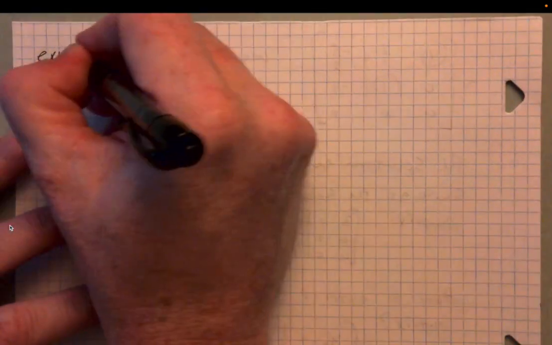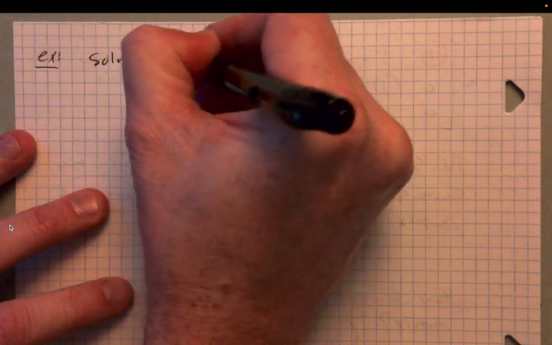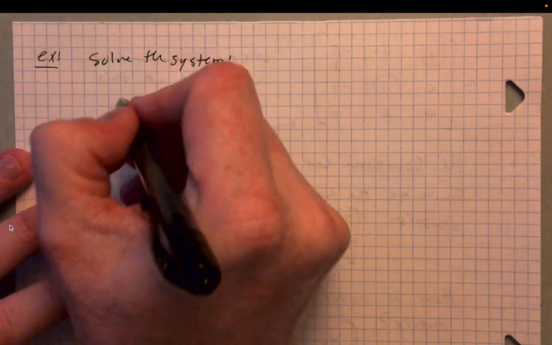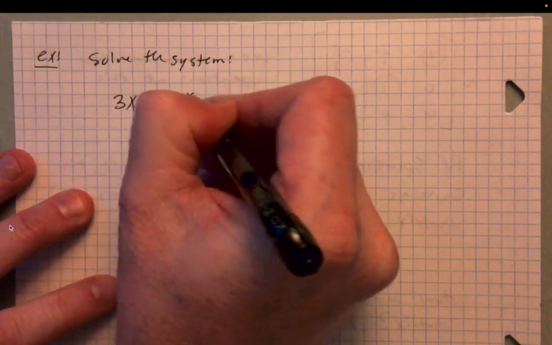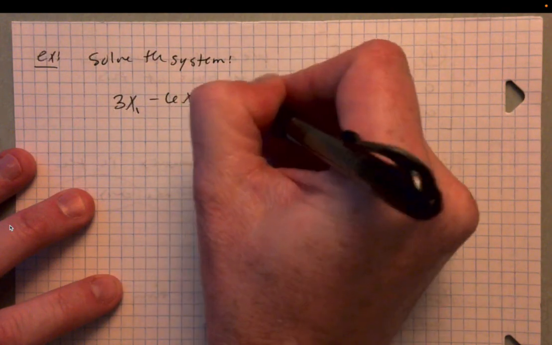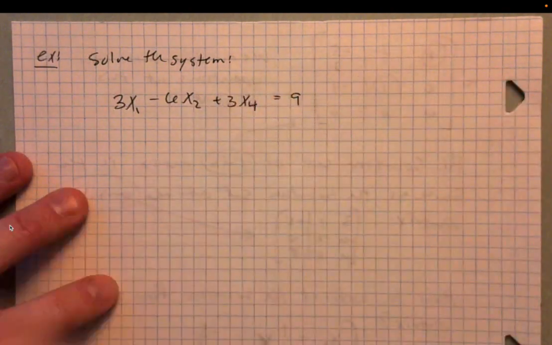Excellent. All right, let's do another example here of solving a system. Okay, and so that previous system had a unique solution we saw, right? Let's solve this one next. Okay, let's take a look at this next one. All right, let's solve the system. So 3x1 minus 6x2 plus 3x4 equals 9.